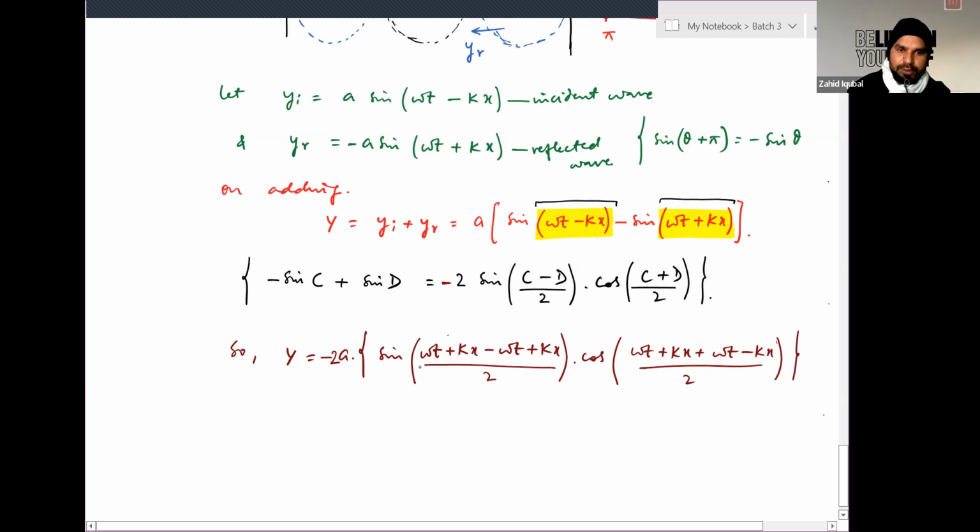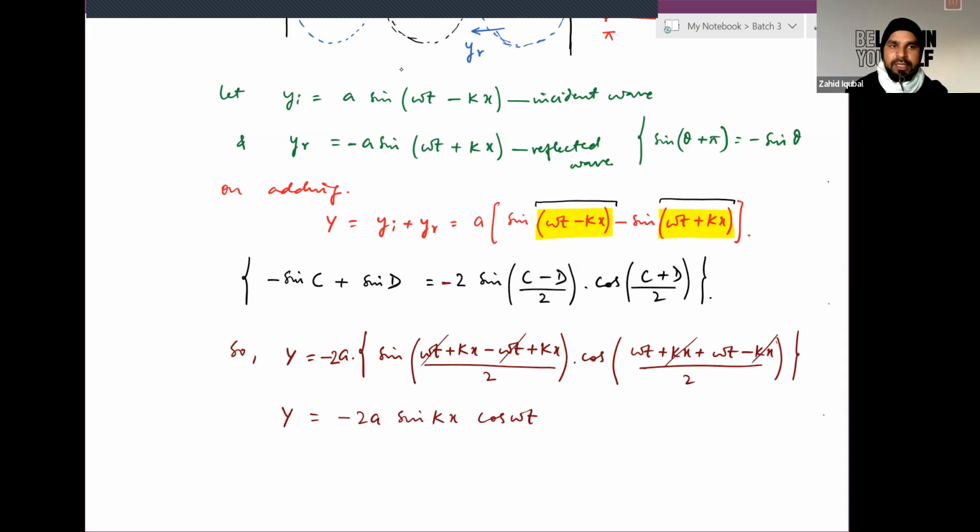So in first part, omega t and omega t will cancel out. kx will cancel out. So you'll get minus 2 times a sine kx and cos omega t as final expression.